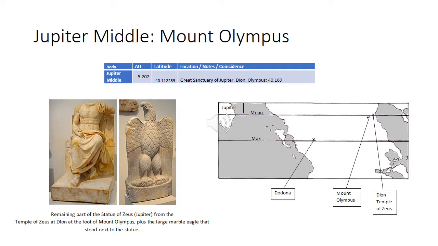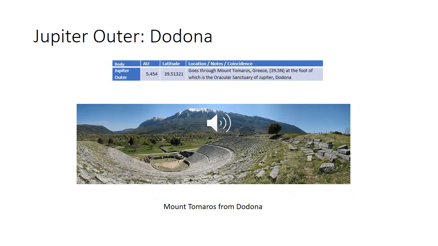And then the mean Jupiter orbit distance we've got going through the site of Dion, where there was a great temple of Zeus at the foot of Mount Olympus, and Mount Olympus itself being the location of the great palace of Jupiter, where he entertained all the gods. So this is looking pretty good. Just an image here of the site of Dodona, with Mount Tomaros on the horizon there.